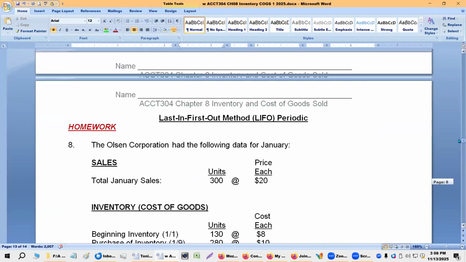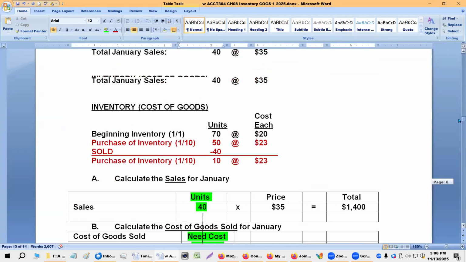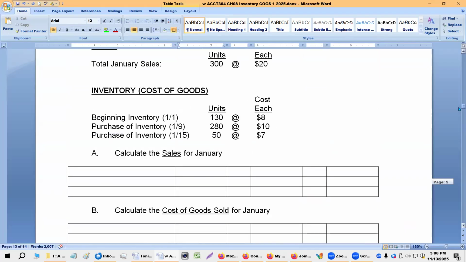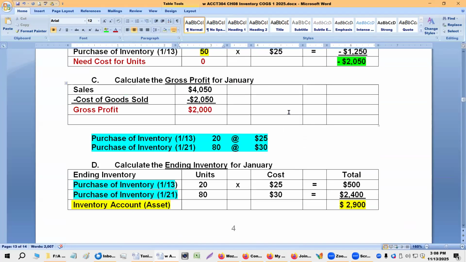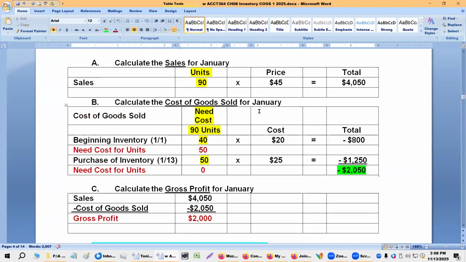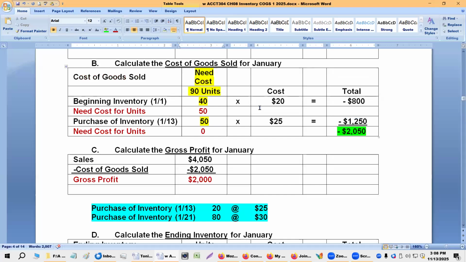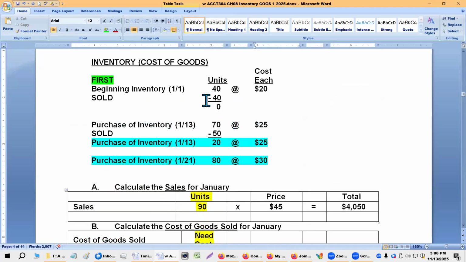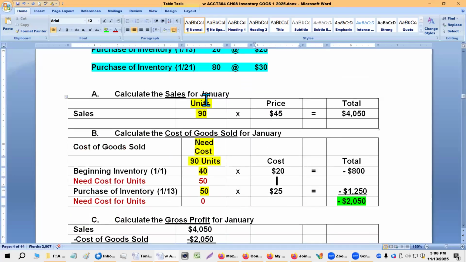Here we go. Let's do the first ones first. I think it was 8 and 5, right? Yes, it looks like that. All right, let me see here. Let's see if I wrote it up.